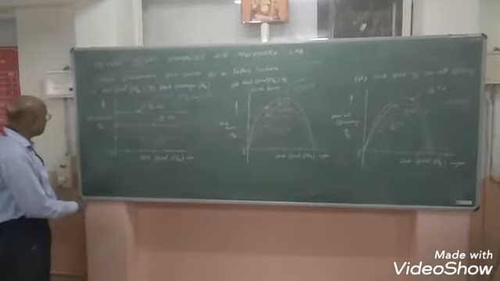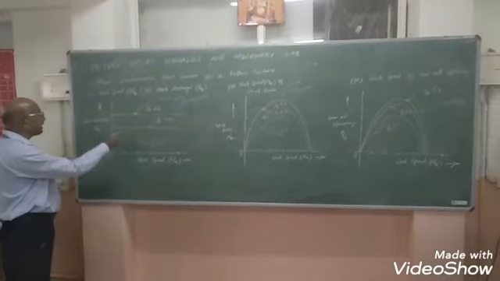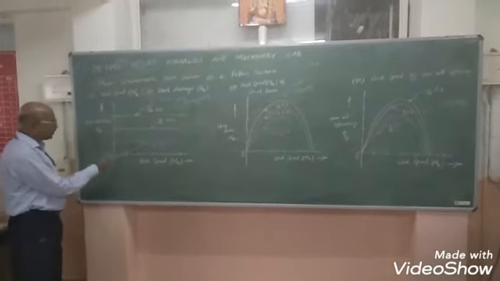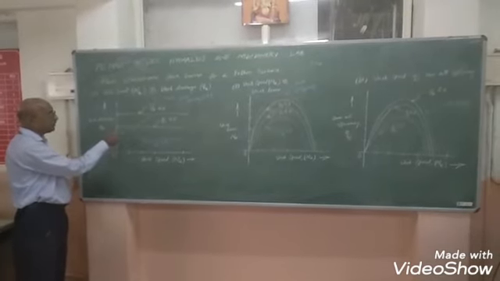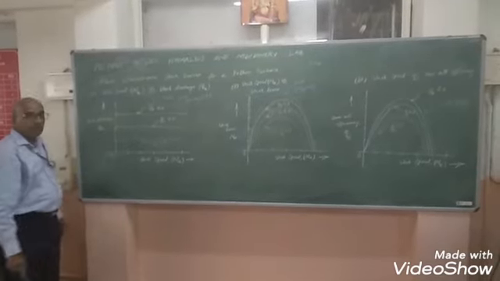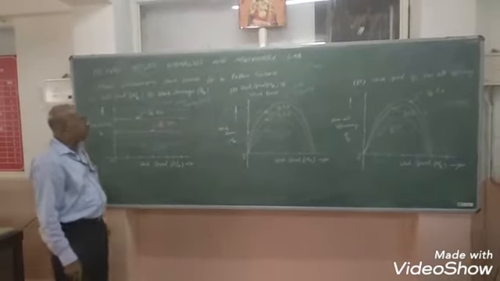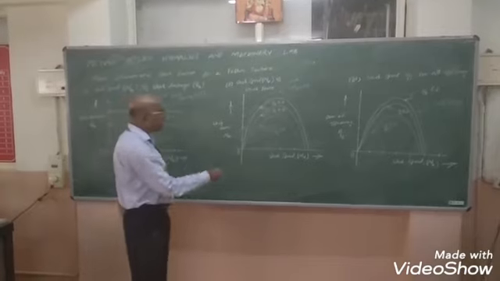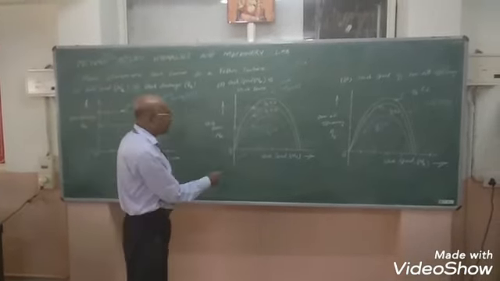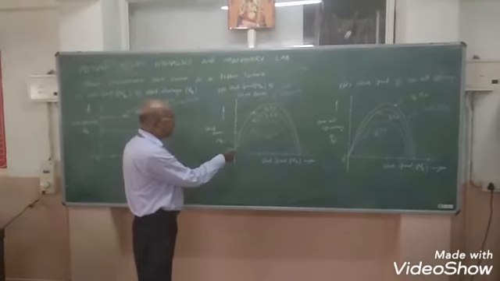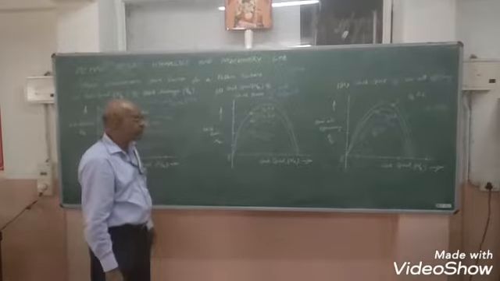The figure here represents unit speed versus unit discharge for different gate valve openings. This is for 1/4, half, 3/4 and full gate valve opening. Coming to the second figure, the plot is made between unit speed and unit power for different gate valve openings, 1/4, half, 3/4 and full gate opening.